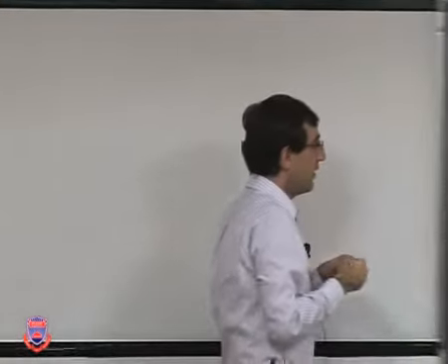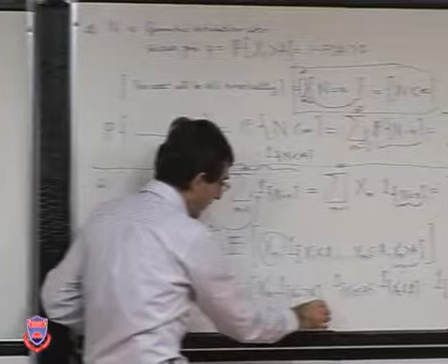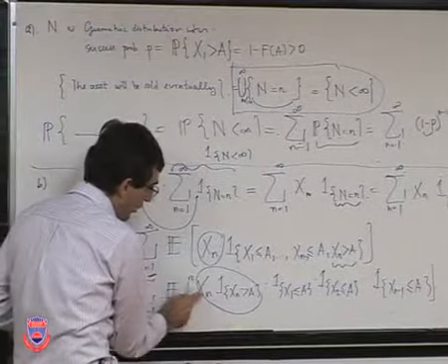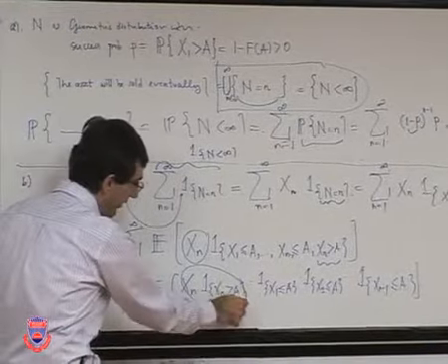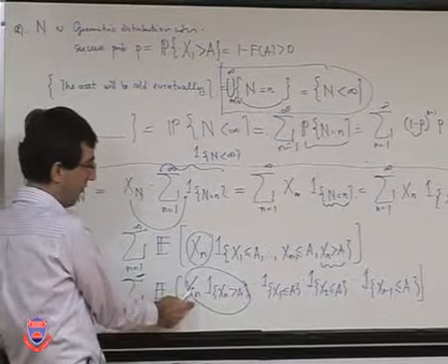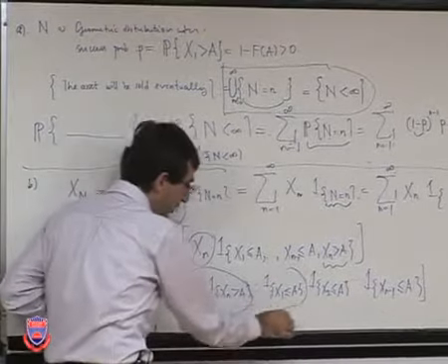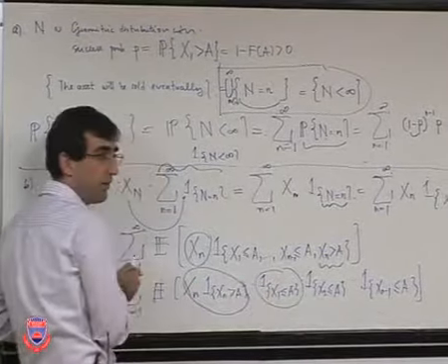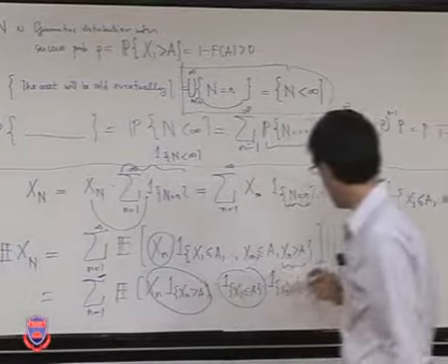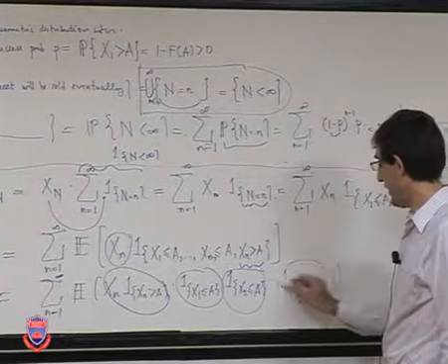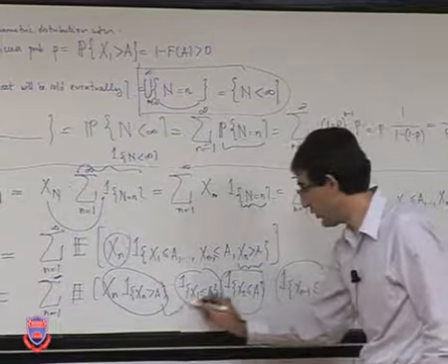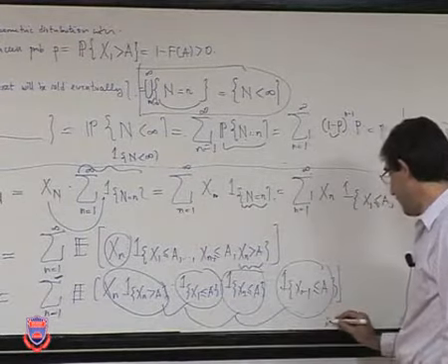So now this thing depends on xn, and this thing depends on x1, therefore they are independent. And this depends on x2, and this depends on xn minus 1. All these guys are independent of each other.